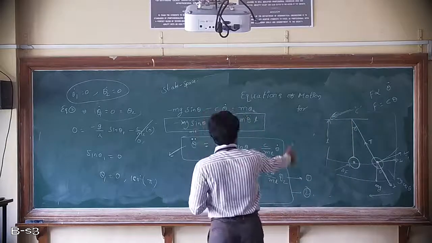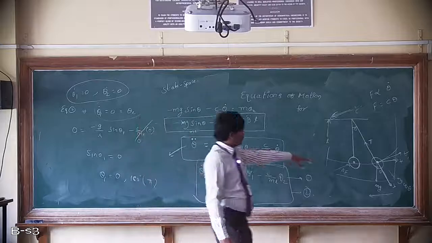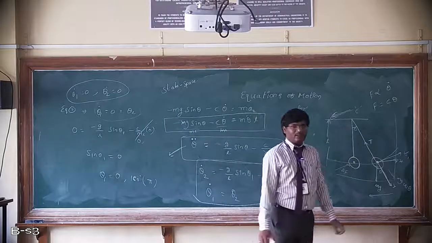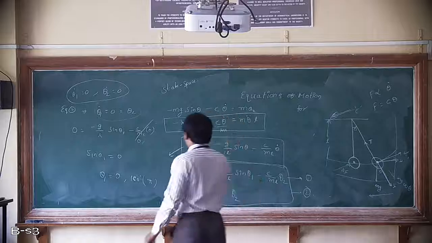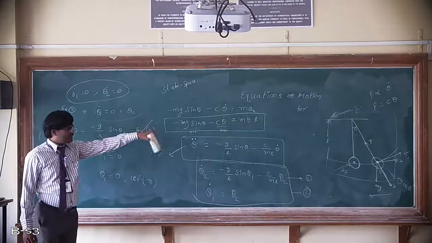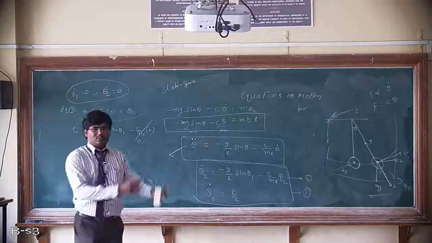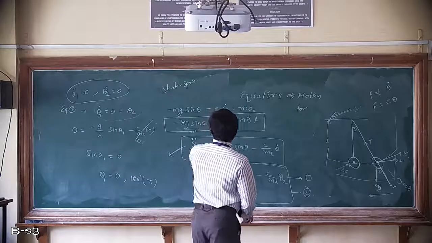Physically, you can say that this is in equilibrium at theta equal to 0. But here you are getting 180 degrees also. So in place of a string thread, if you use a metal bar, what will happen? Just let me erase this part.